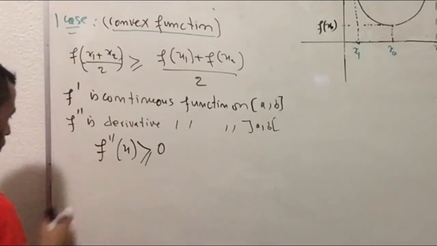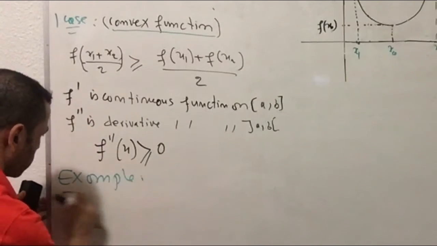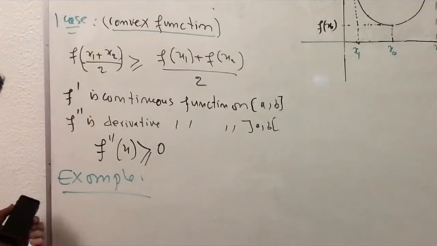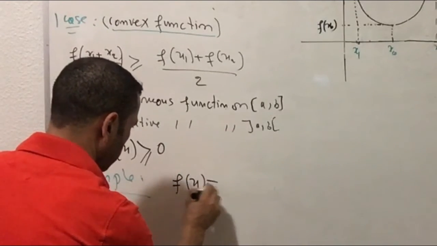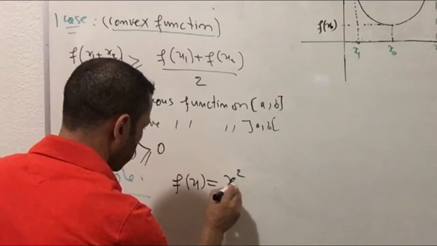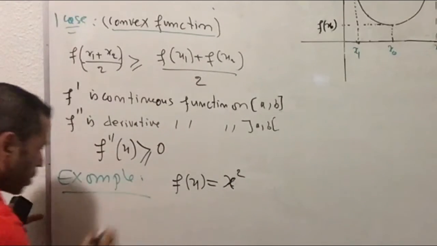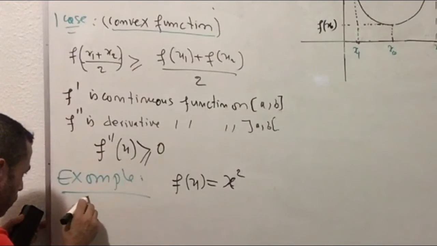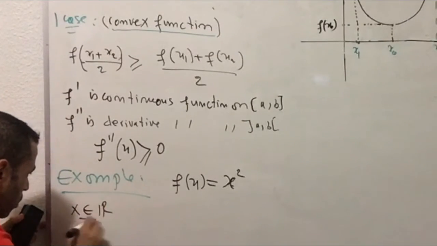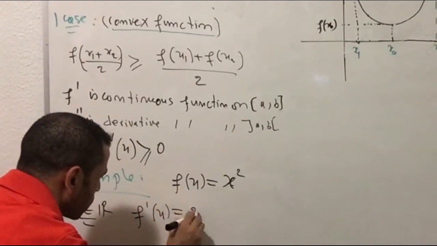Example. Let's take f of x equal to x squared. This is defined on the real numbers x. So I'm going to calculate f prime of x equal to 2 times x.